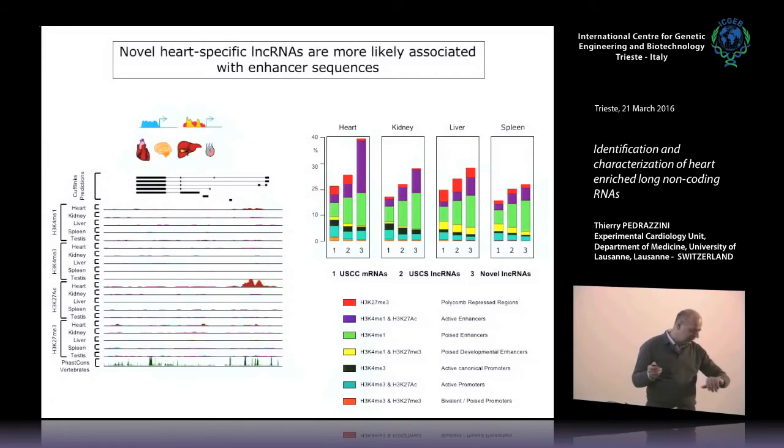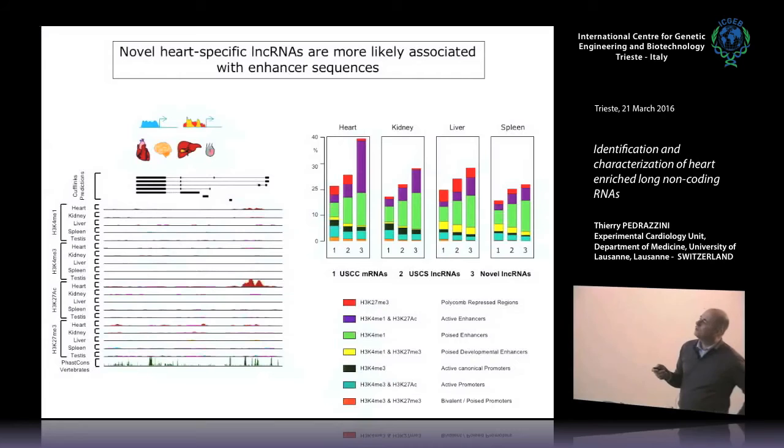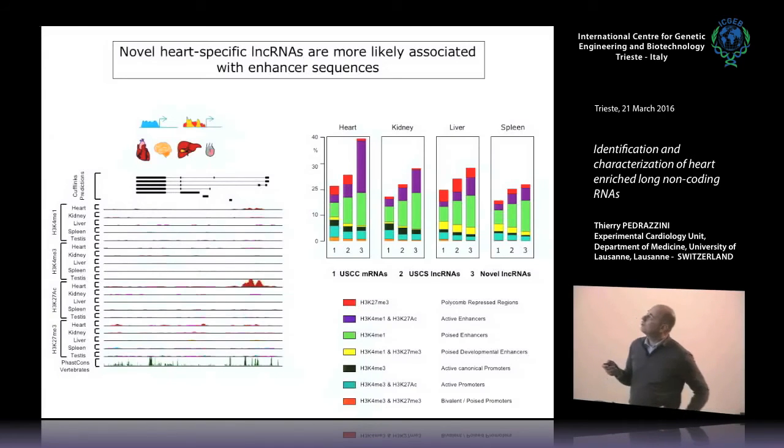Now, this is an example of a characterization study where we also used publicly available databases. In this case, we used the chromatin context in order to define each transcript. So this is an example in which we checked different marks that are present or not in different organs.